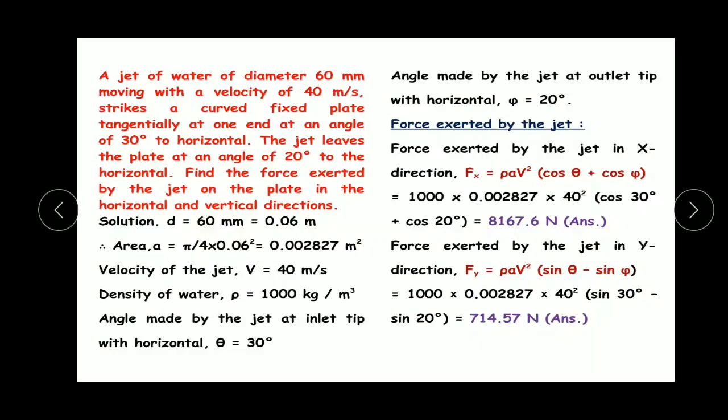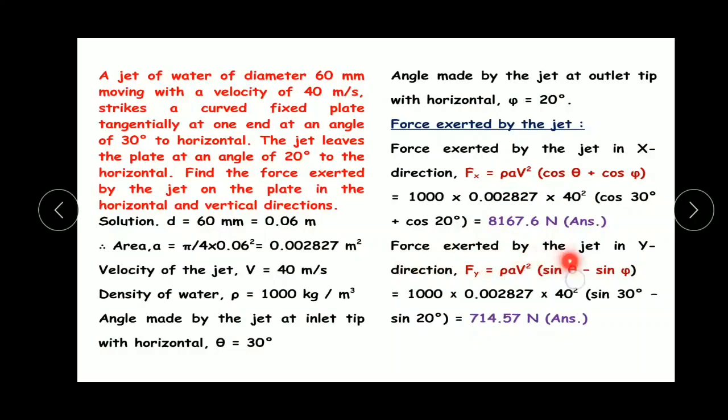First of all, calculate the force exerted by the jet in the horizontal direction, that is the x direction. Fx equal to rho a v square (cos theta plus cos phi). By putting all the values of rho, cross sectional area of the jet, v square, cos theta and cos phi, and solving, we get 8167.6 Newton.